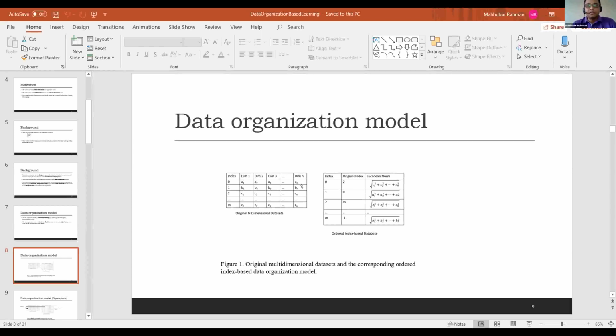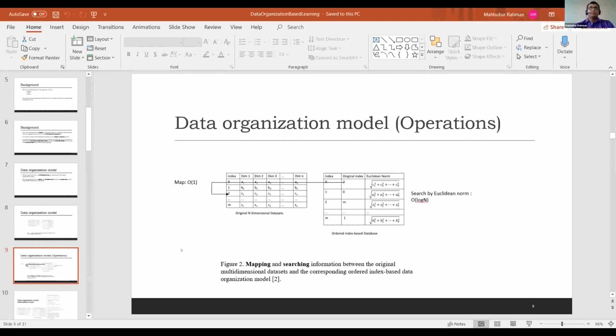From there, this ordered index-based database can be formed, and it has the original index and Euclidean norm formed as a tuple that can be used back and forth for different types of analysis that I'm going to explain later in this presentation. Let's see some of the features of this data organization model.